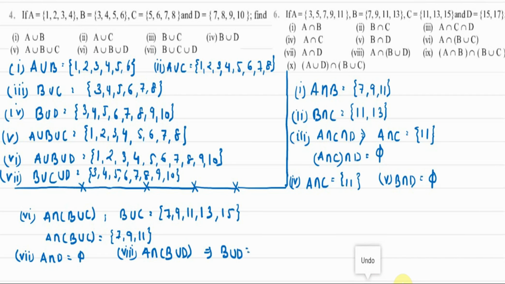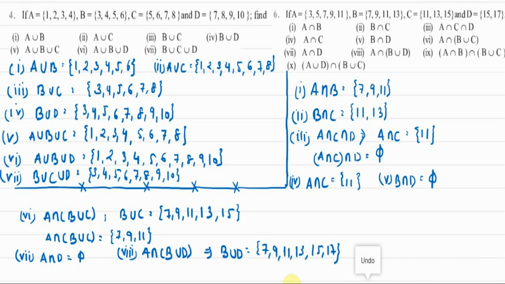So B union D, we have all the elements of B and D together. B has elements 7, 9, 11, 13. Then we have elements of D as 15 and 17. So now we have got B union D.